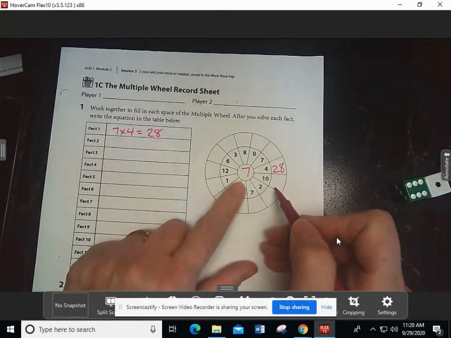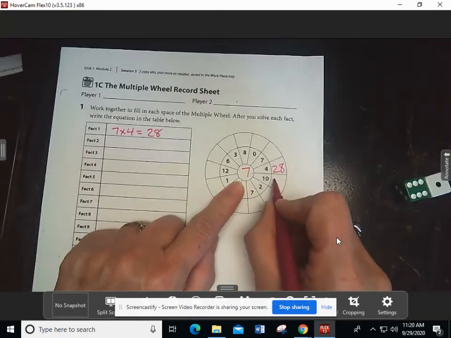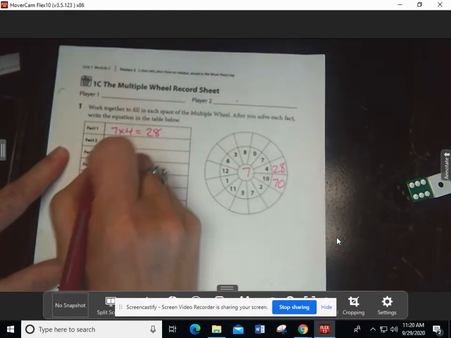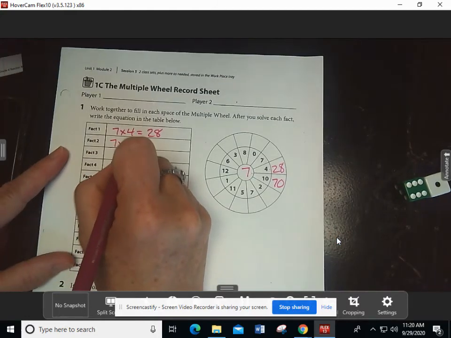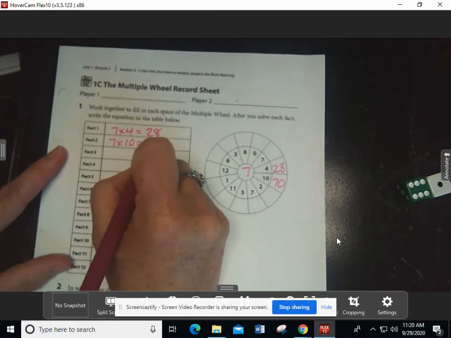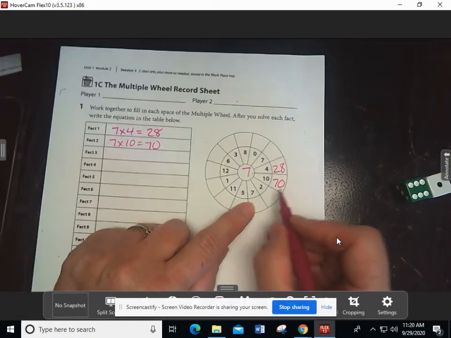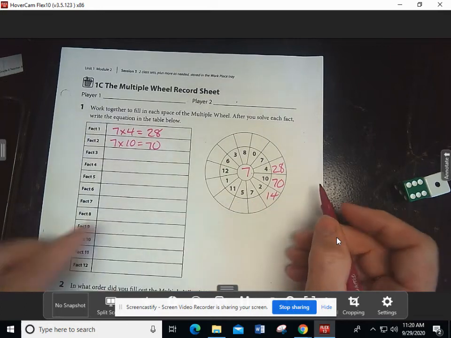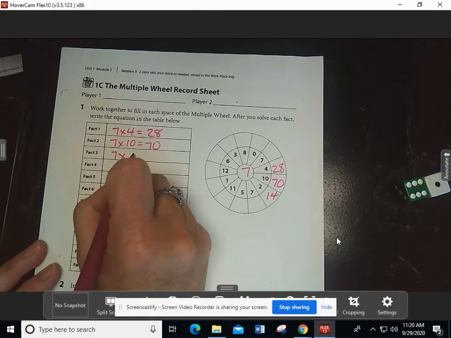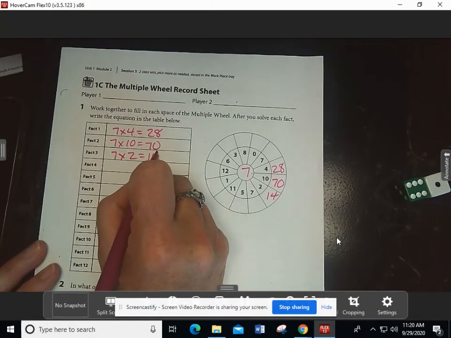Now, do we know 7 times 10? 70. 7 times 10 equals 70. Do we know 7 times 2? Yes. What's that? 14. 7 times 2 equals 14.